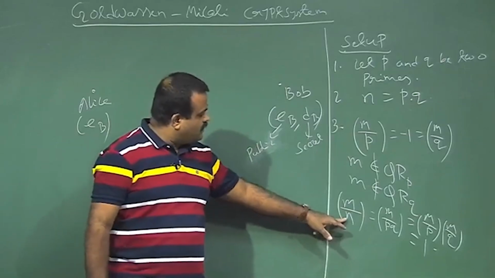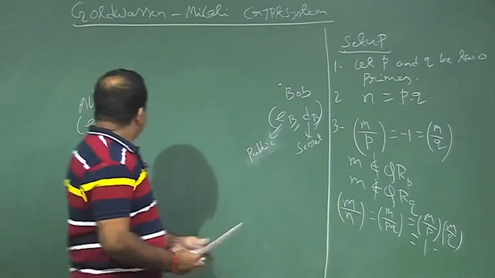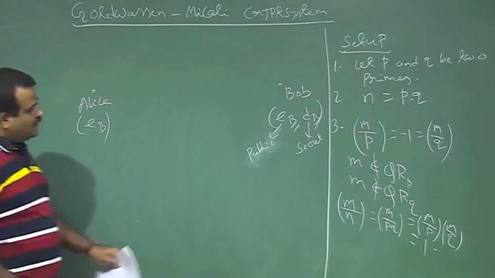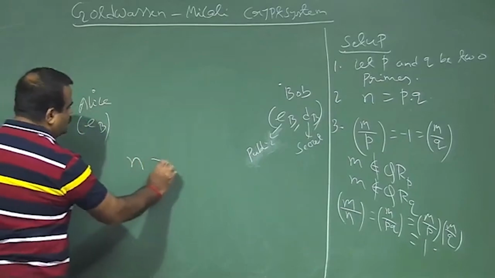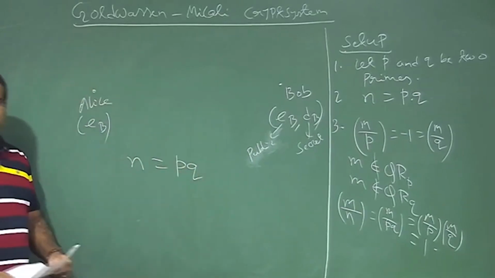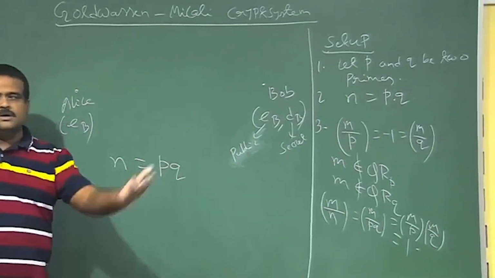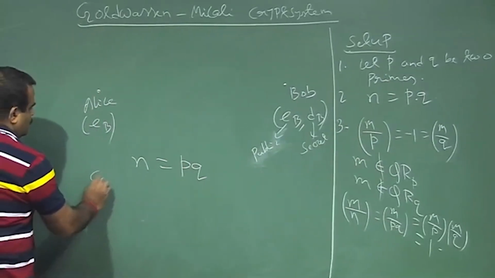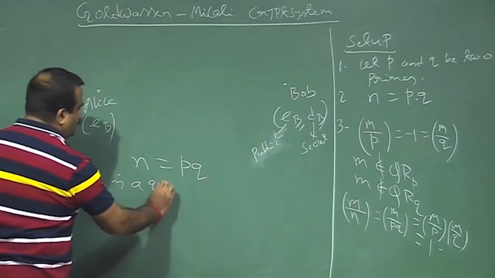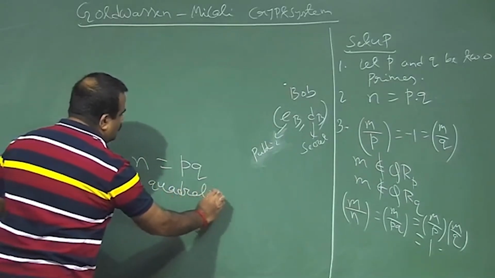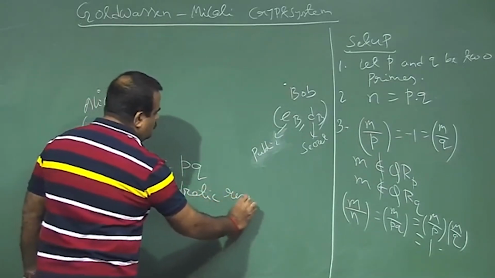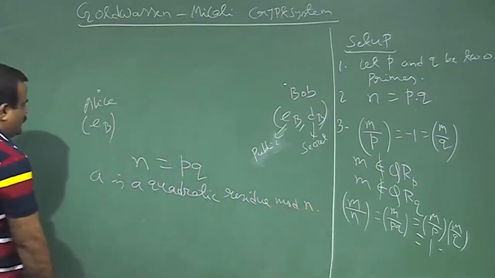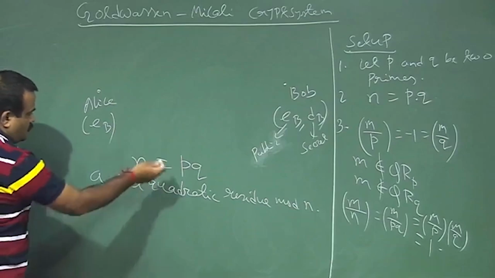So we have to define the quadratic residue mod a composite number. Just quickly we can define. If we have a composite number n which is a product of two primes, any number is either prime or has a prime factorization. A number a is a quadratic residue mod n if and only if it is a quadratic residue in both p and q.